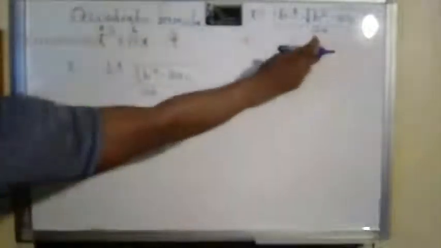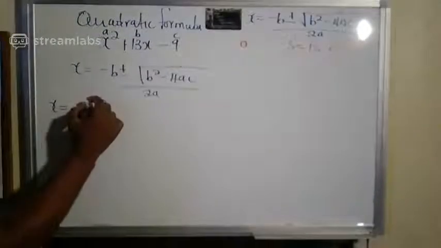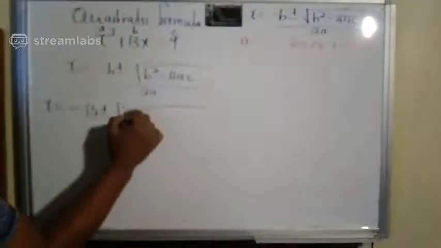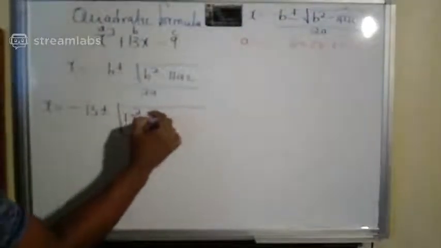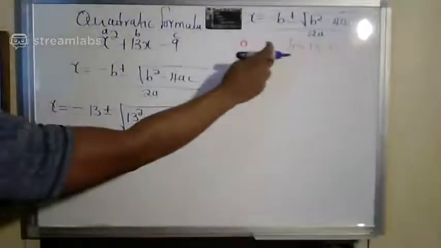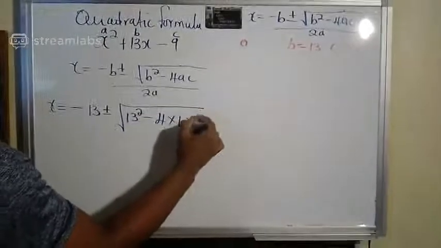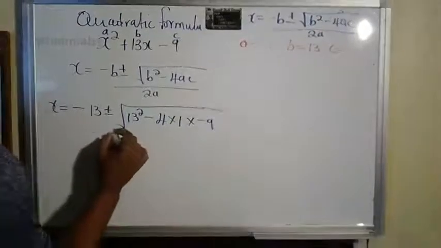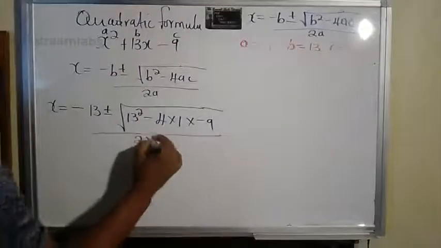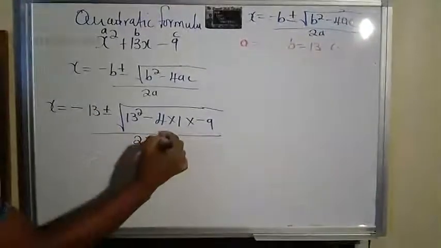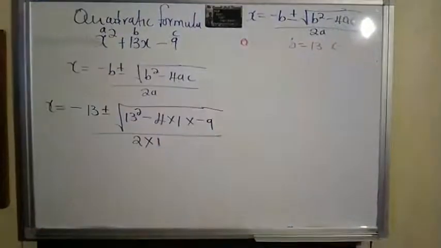So put the minus, and b is 13, so you put the 13, plus or minus the square root of 13 squared, minus 4 times a, so a is 1, so we multiply by 1, times c, which is negative 9. And then we divide all of this by 2 times a, 2 times 1. And then we just compute, that's all.